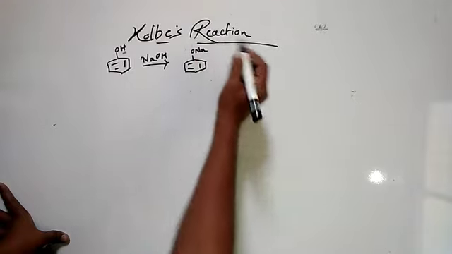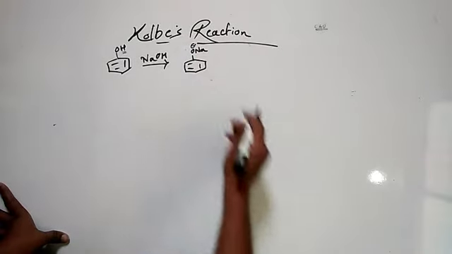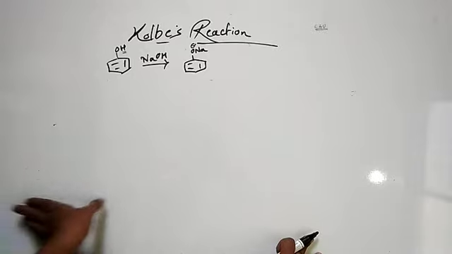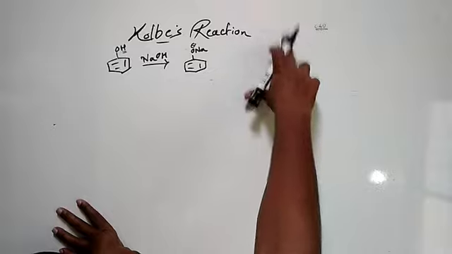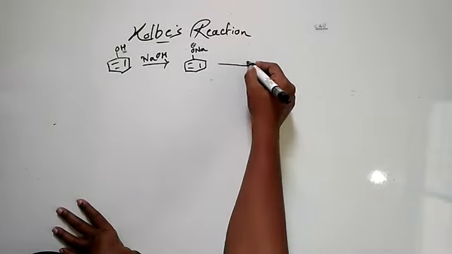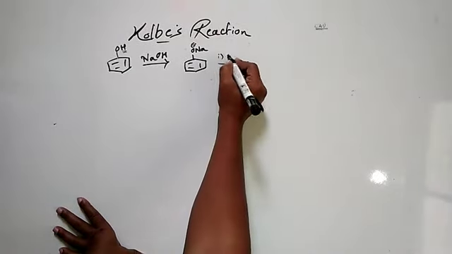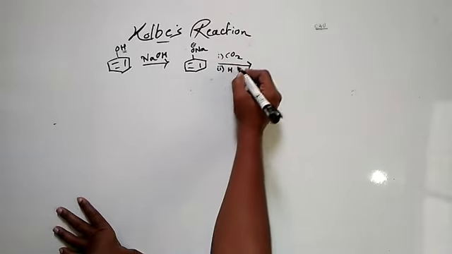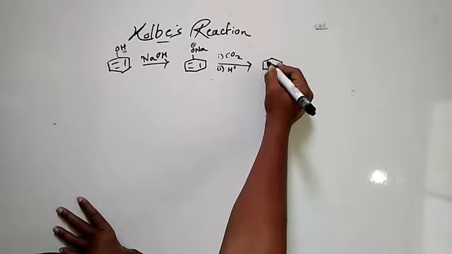ONa. This is what we call sodium phenoxide, and sodium phenoxide is a very active species. It's nucleophilic in nature. And now the next step: it reacts first with CO2 and then with acidification gives you a special kind of product.